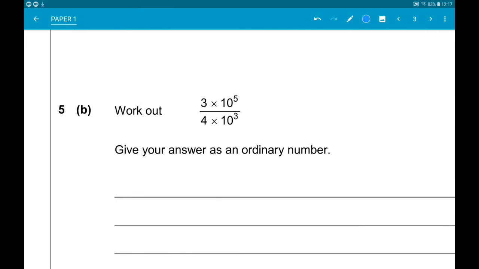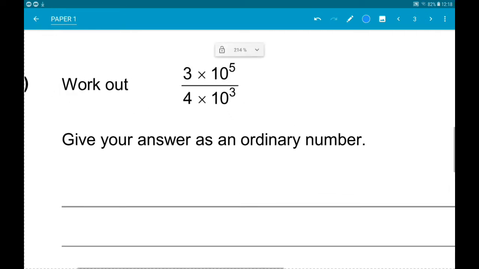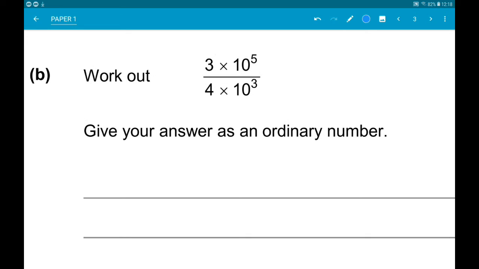Okay then, 5b. Work out 3 times 10 to the 5 over 4 times 10 to the 3. Give your answer as an ordinary number. Okay, so the first thing we can do is split the fraction into 3 over 4 times 10 to the 5 over 10 to the 3.